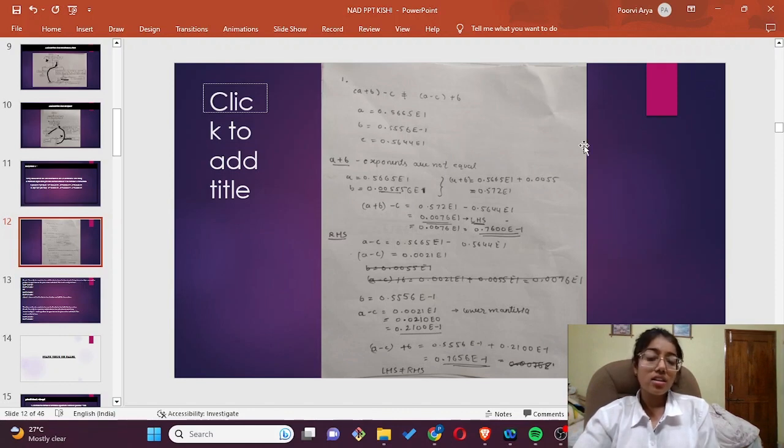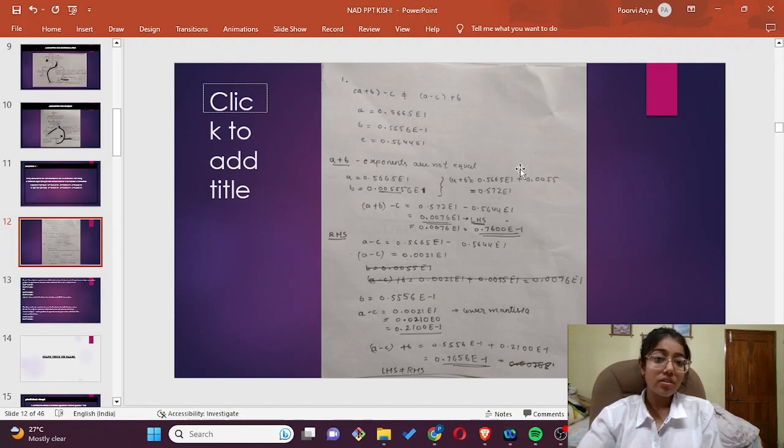So let's see LHS, where a plus b. First we calculate a plus b. So the value of a is 0.5665, e equal to 1, and b is equal to 0.005556, where e is minus 1.